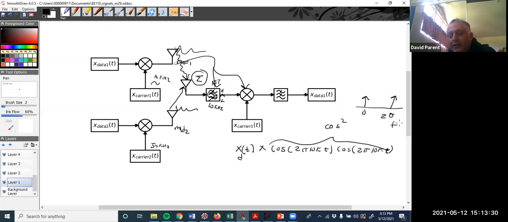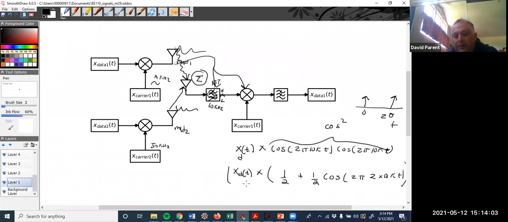Now, you can just use the trig identity, but this really turns into 1/2 and... okay.